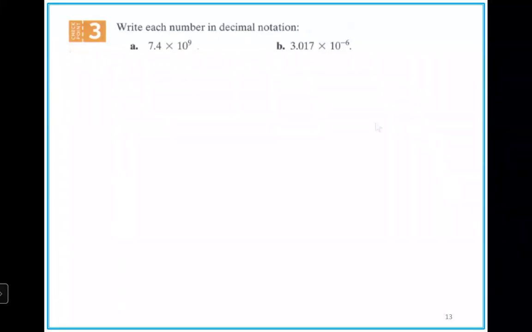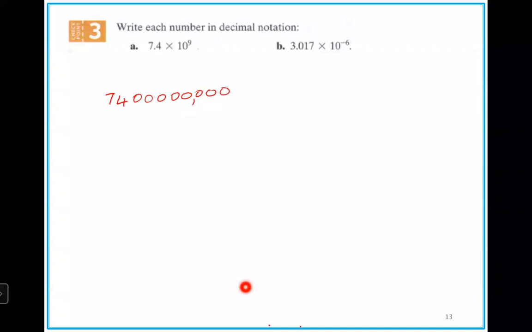So the first one, I would have 8 zeros, and then the 74 and then 8 zeros behind it. Okay, 7, 4, 1, 2, 3, 4, 5, 6, 7, 8.